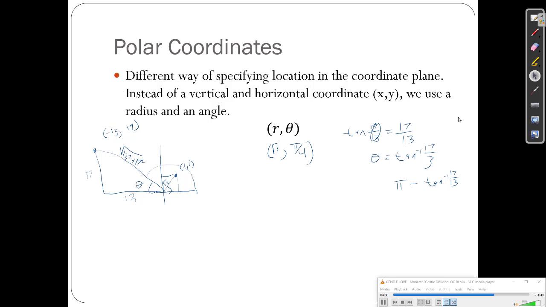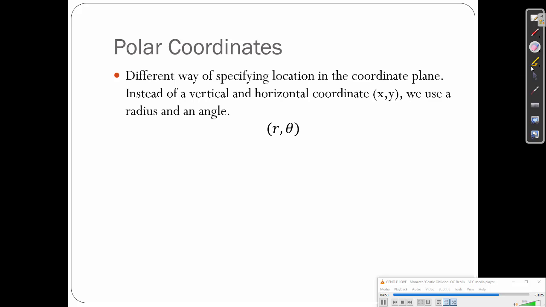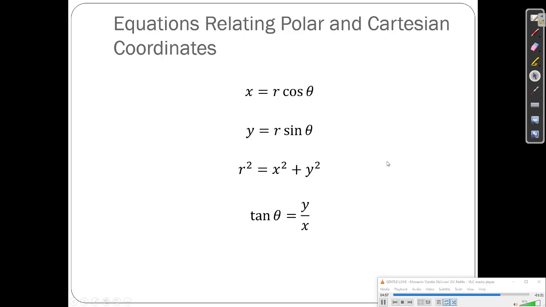Some kinds of functions and equations have much simpler formulas in polar coordinates than Cartesian coordinates. I actually find it a lot harder to graph by hand in polar coordinates. Most people, I just recommend do it in your calculator, but it's important to know how to do it by hand so you can know whether you're doing it right in your calculator or not.